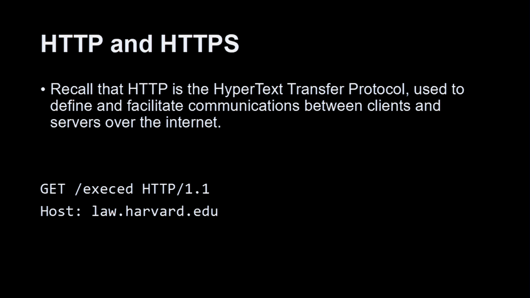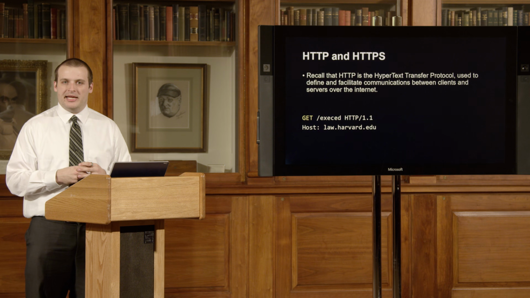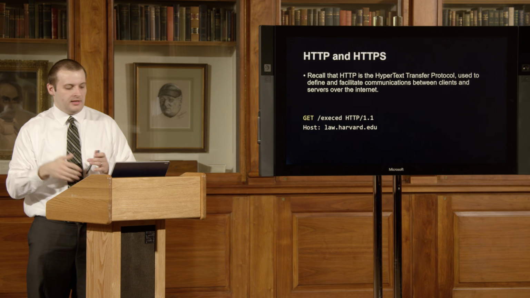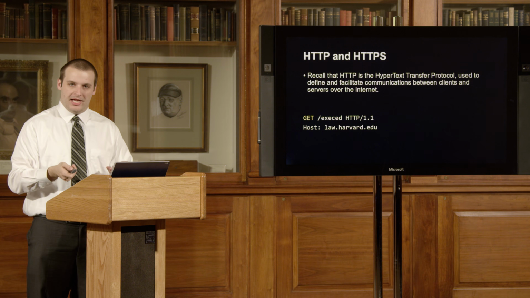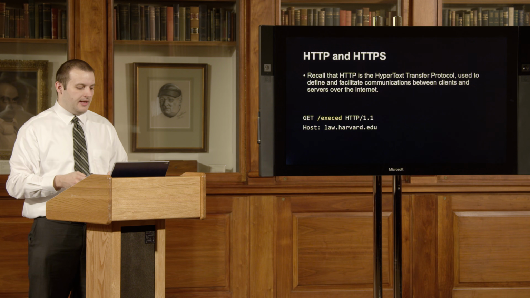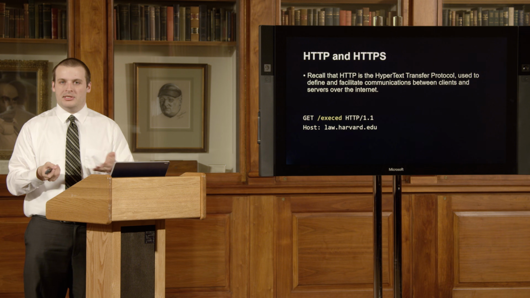For example, we might see something like this: GET /execed HTTP/1.1, Host: law.harvard.edu. Let's just quickly pick these apart one more time. If you see GET at the beginning of an HTTP request, it means please fetch or get for me, literally, this page. The page I'm requesting specifically is /execed, and the host that I'm asking it from is, in this case, law.harvard.edu.